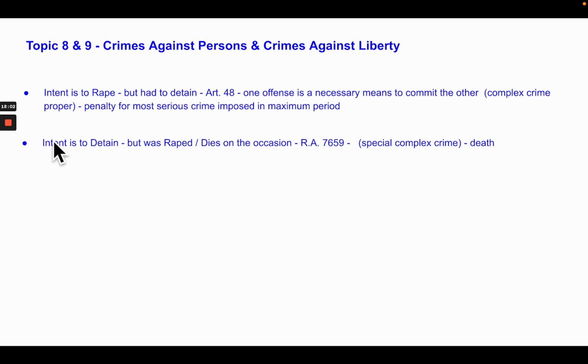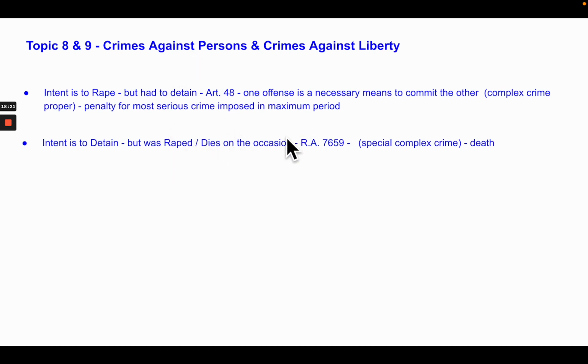So look, there's the detaining and the killing, or the detaining and the raping. They are different crimes. Detaining is a crime against liberty. The raping is a crime against persons. The killing is a crime against persons.